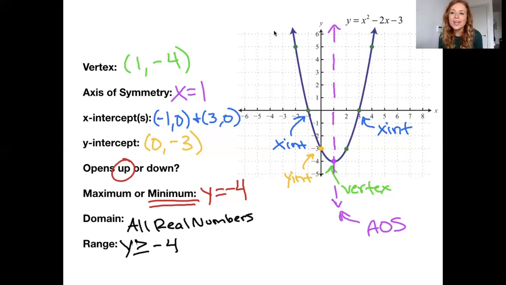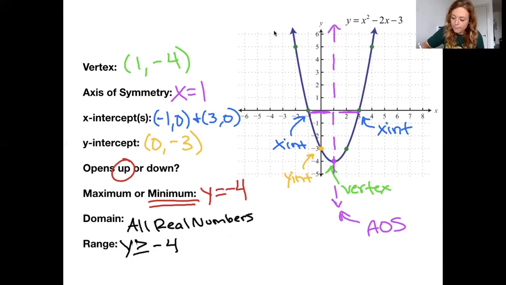Something I want you to see on here before we flip to the next page, which would be a really good page for you to screenshot so you can remember, or if you're taking notes, awesome, keep doing that. Our vertex lies perfectly between our x-intercepts. If we're given our x-intercepts and we add those numbers together and divide by 2, we'd get the x value of our vertex.